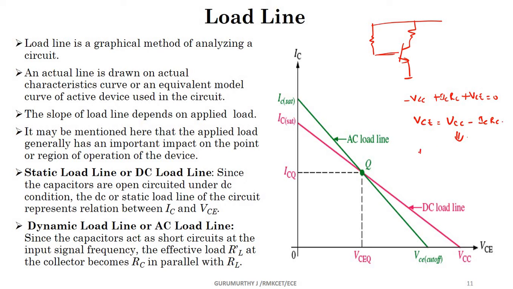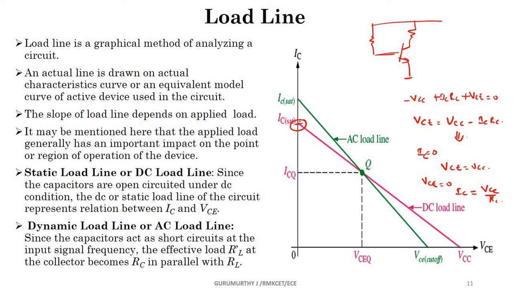When IC is equal to 0, VCE is equal to VCC, and when VCE is equal to 0, IC is VCC by RC. So this line is called the DC load line.